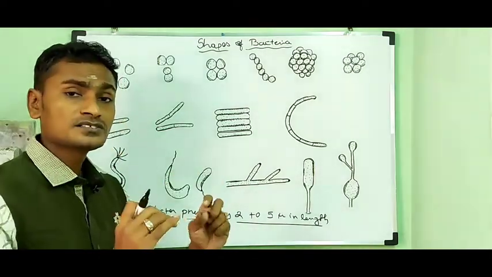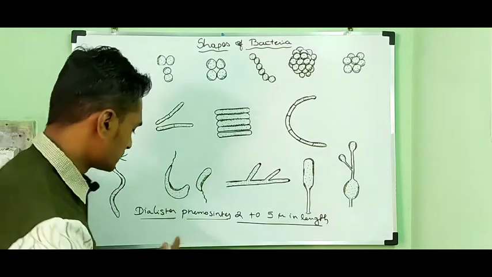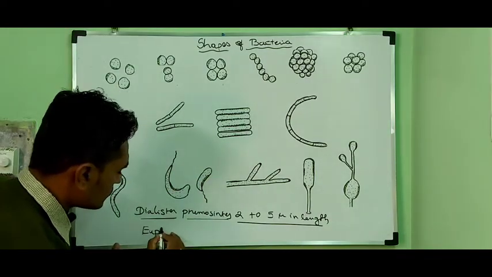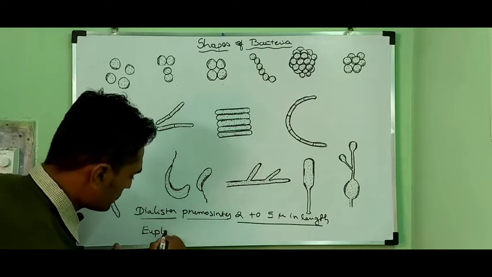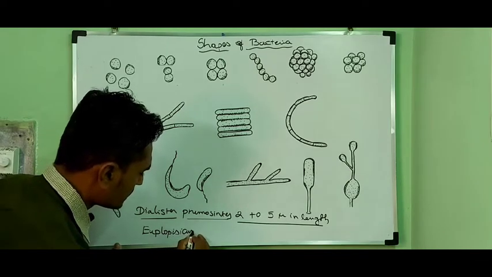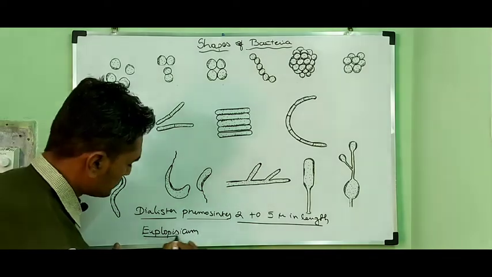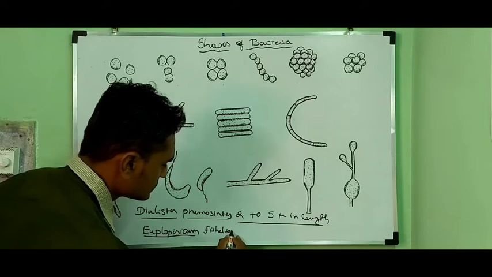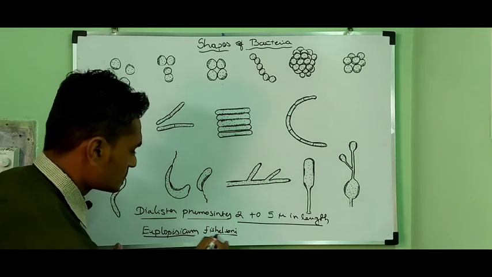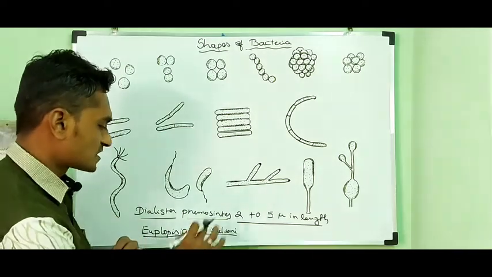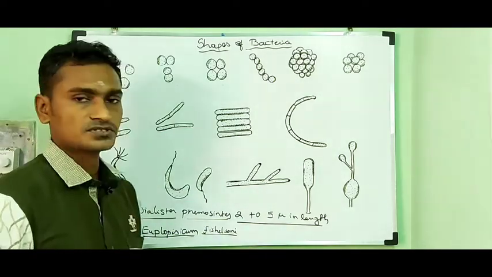Then the largest known bacterium is called Ephalopsychum Fischl-Schoni. So the largest known bacterium is called Ephalopsychum Fischl-Schoni.